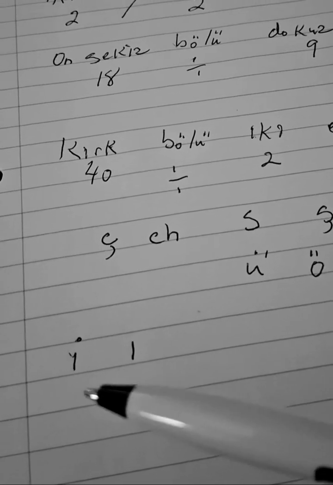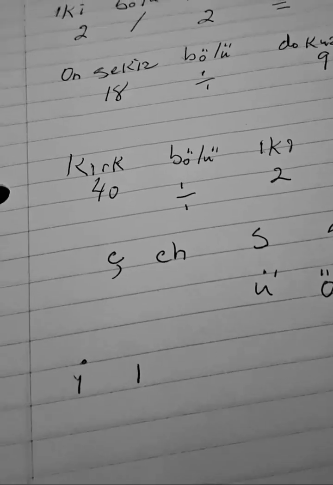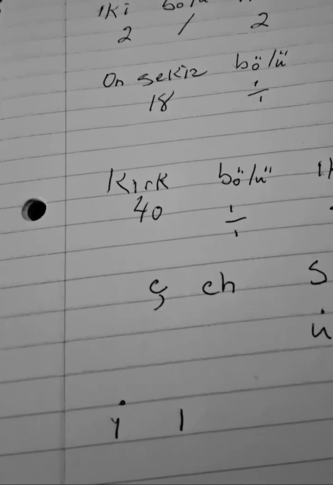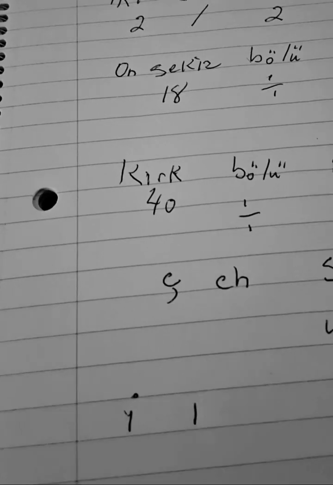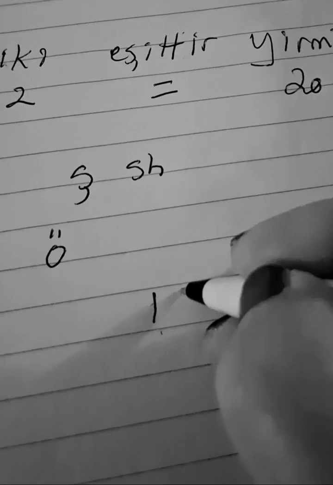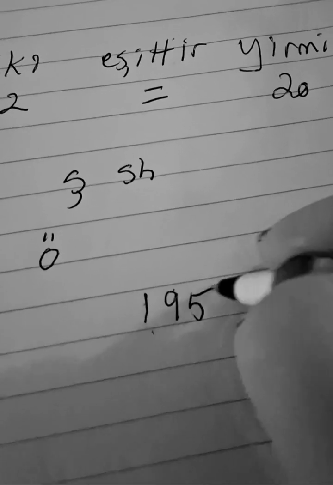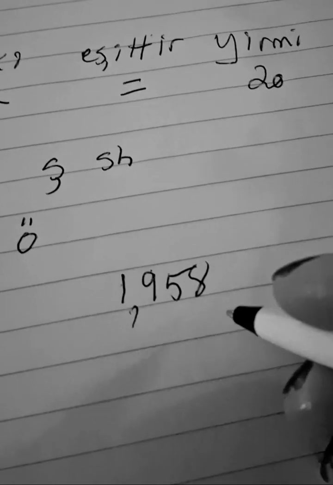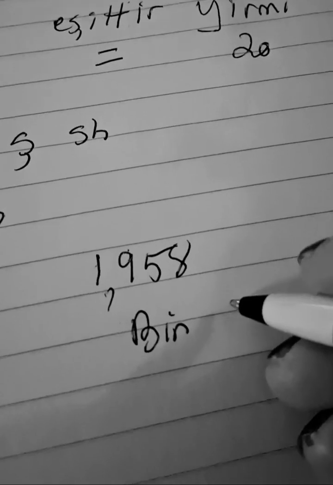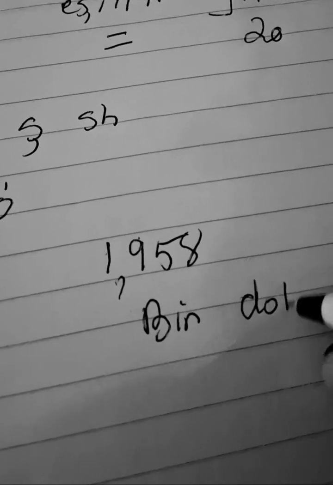I don't think there's anything I've forgotten at this point, except I'll give you one very large number. Let's learn to say it. So 1,958. Let's learn to say that. So bin is 1,000. Dokuz, 9.